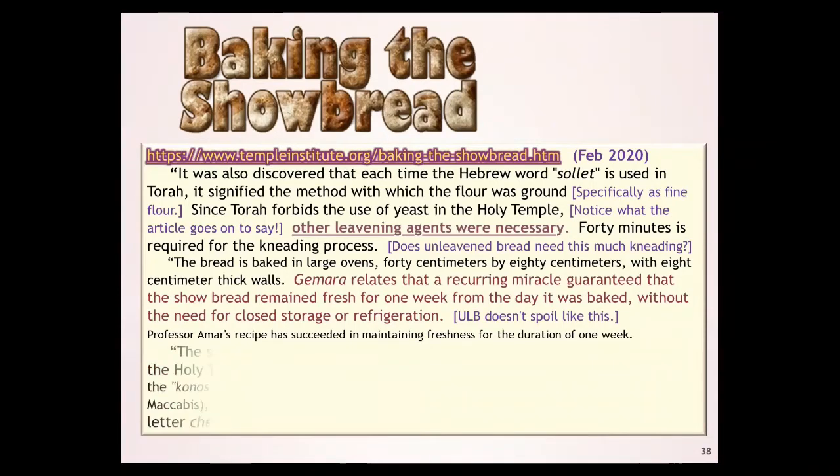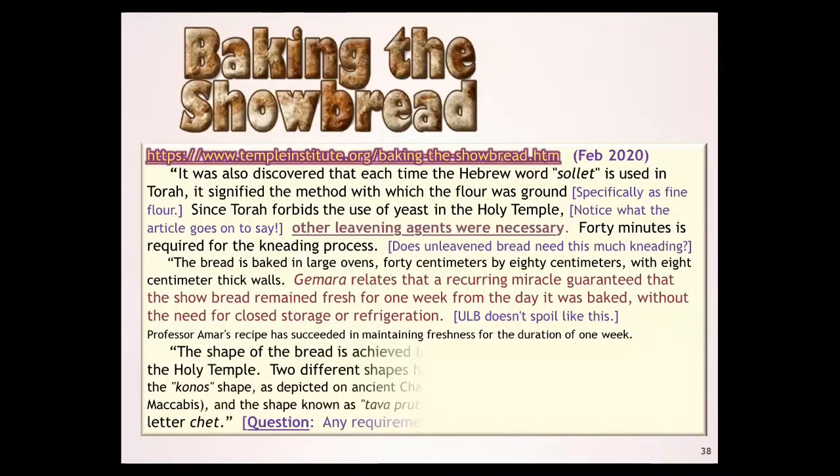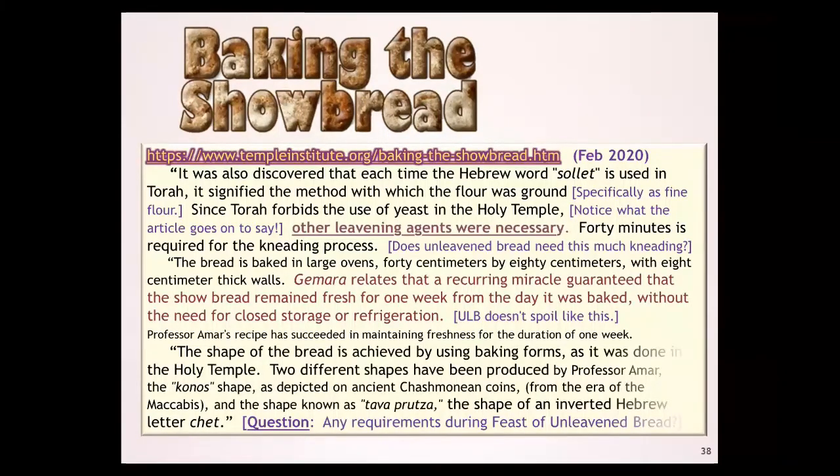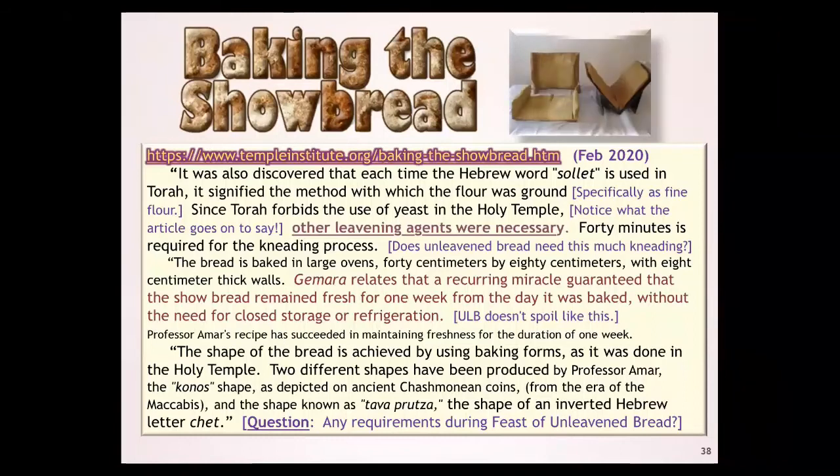But anyway, he has a recipe that has succeeded in maintaining the freshness for the duration of a whole week, okay? The shape of the bread is achieved by using baking forms as it was done in the Holy Temple. 2 different shapes have been produced by Professor Amar, the konne shape as depicted on ancient Chasmonian coins, the shape known as tava prutza, the shape of an inverted Hebrew letter ket.